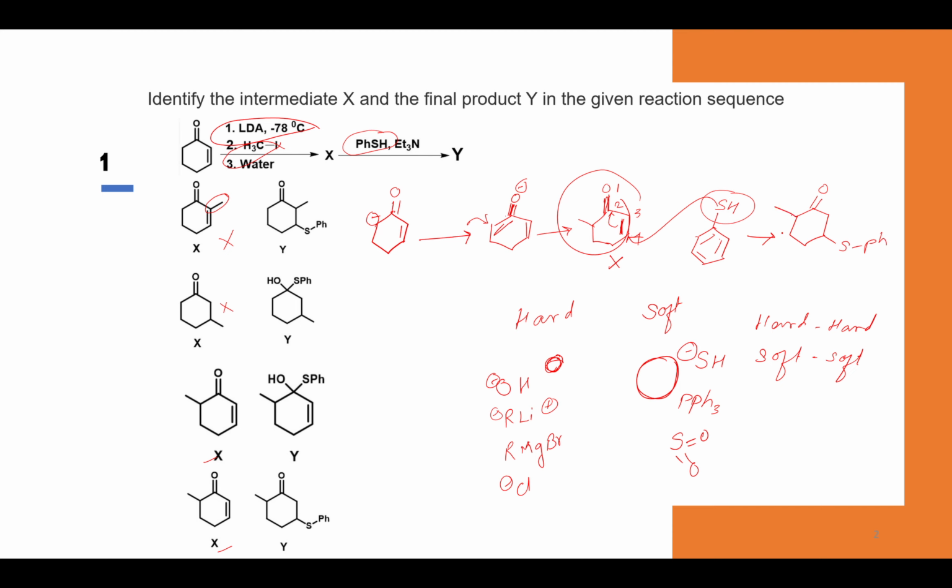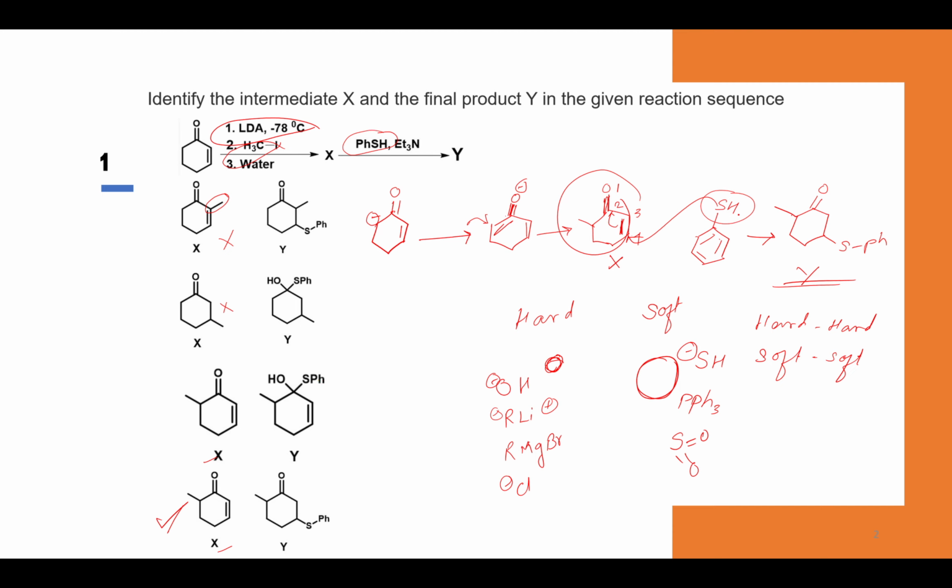All of you got this one? So this is the product Y. That's why option number 4 is the correct option, right? All of you got this one?